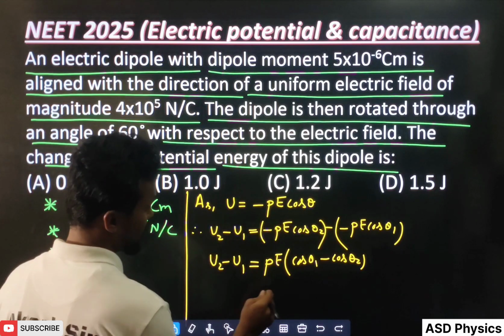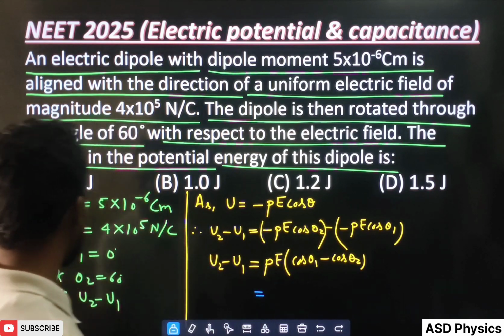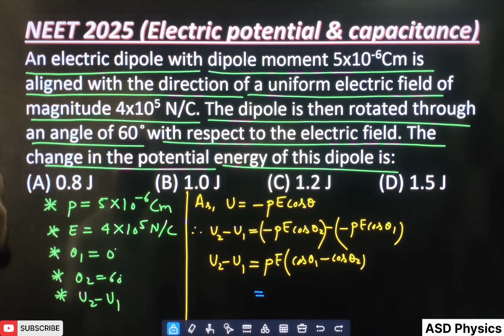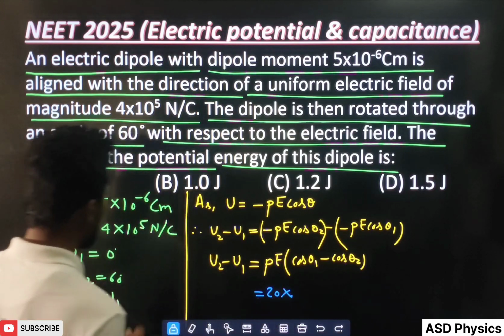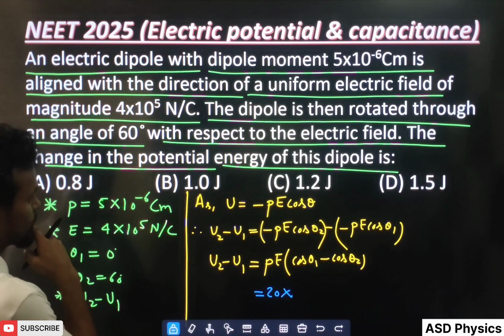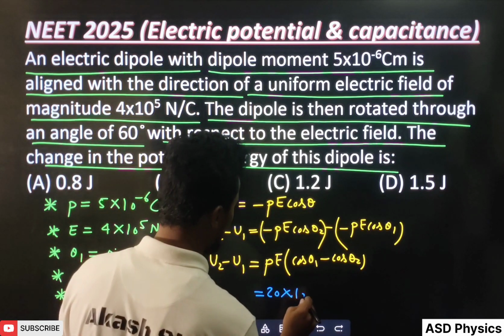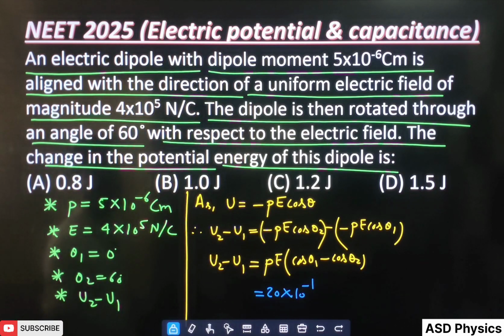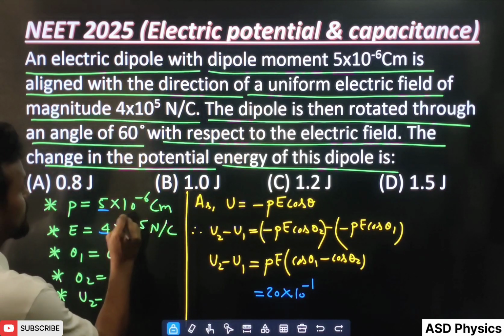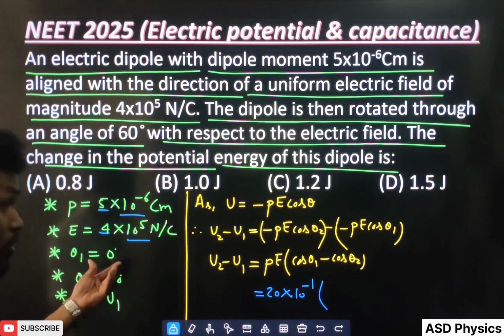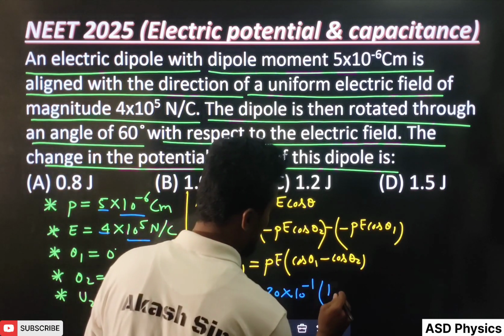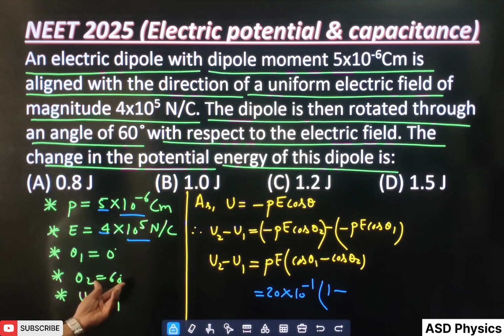Now let me put in the values. P is 5 into 10 power minus 6, and this you multiply with E. 5 into 4 is 20, and 10 power minus 6 into 10 power 5 becomes 10 to the power minus 1, correct? And after that cos theta 1 is cos 0 which is 1, minus cos 60.